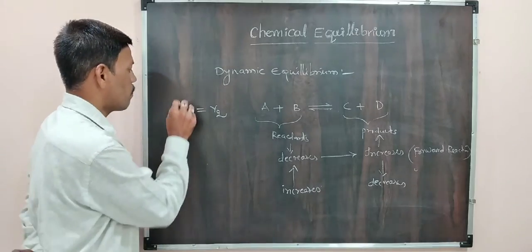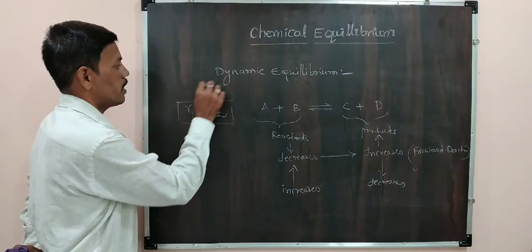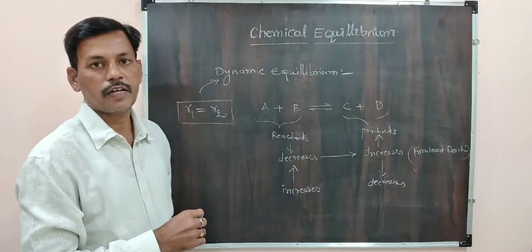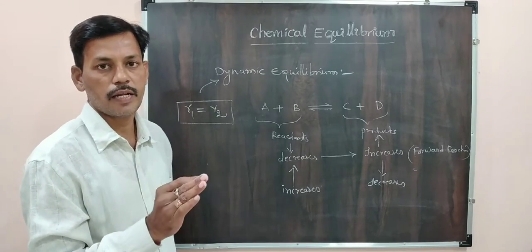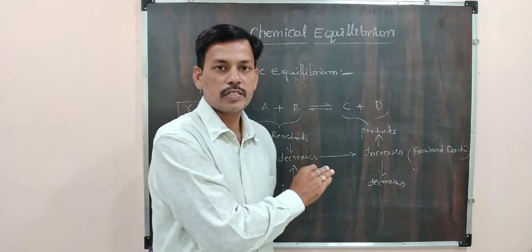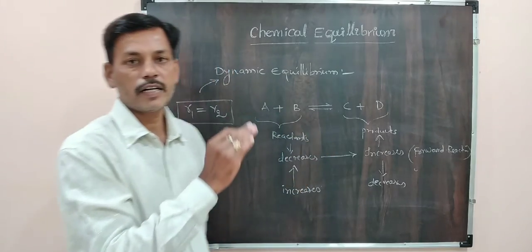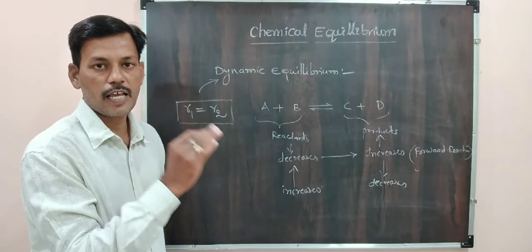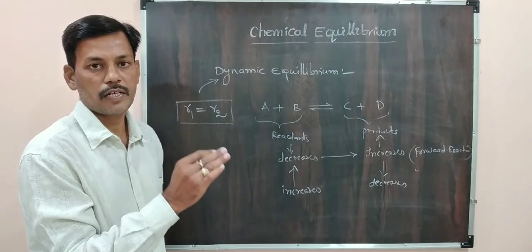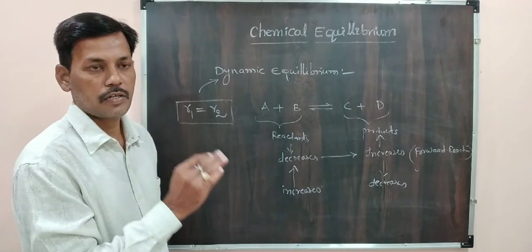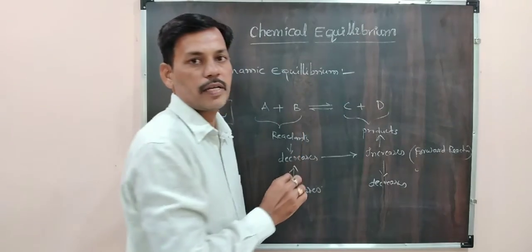This state is called dynamic equilibrium. The rate of the forward reaction and the rate of the backward reaction are the same at constant temperature or pressure, and it is said to be dynamic equilibrium.